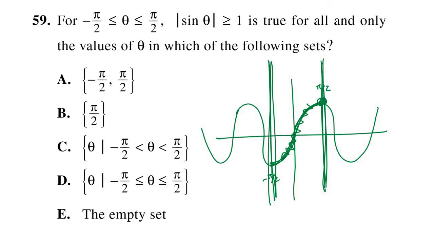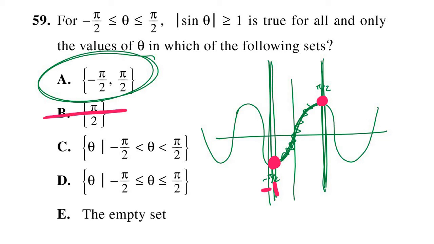Whereas at these two peaks right here, those values are going to equal 1. So we know that the answer is A. And because even this down here is negative 1, we're taking the absolute value of that. So we would include negative pi over 2. So it would not be B, because negative pi over 2 also has to be included.